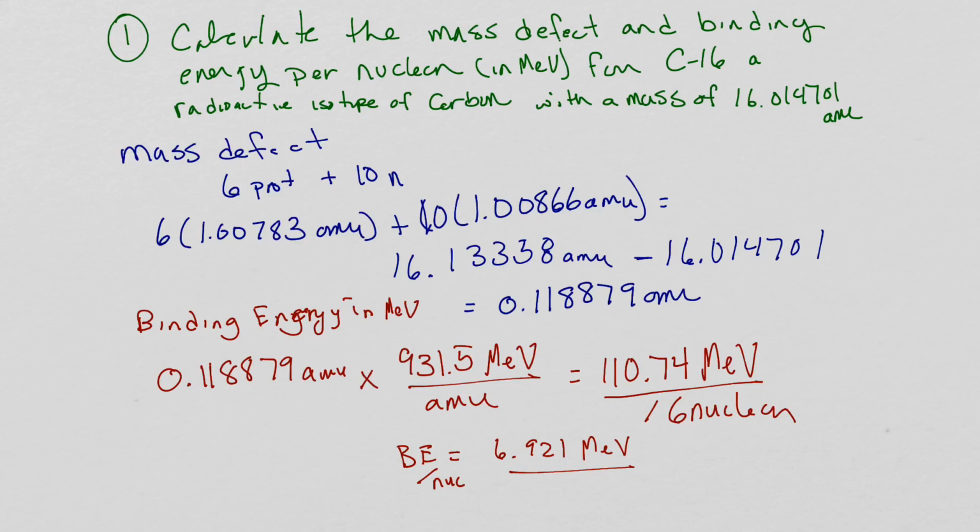And it doesn't take a whole lot more to get around this, because if you were to do the same thing for carbon-14, you get a little bit higher than this. This is more radioactive than carbon-14. That one's about 7.3. So there's not a huge difference between the binding energy per nucleon of carbon-12, which is very stable, and carbon-14, which is radioactive, the basis of carbon dating. This one is even more radioactive.